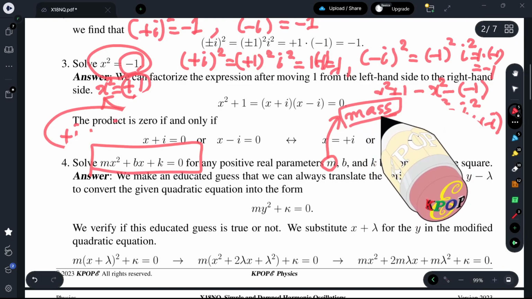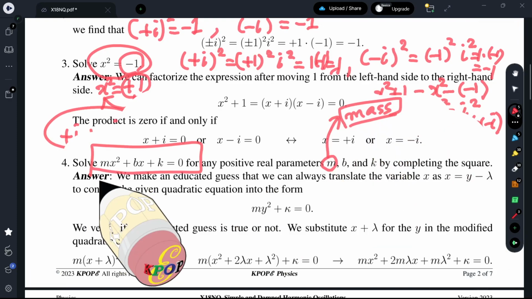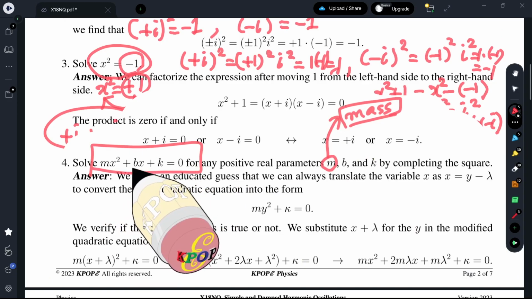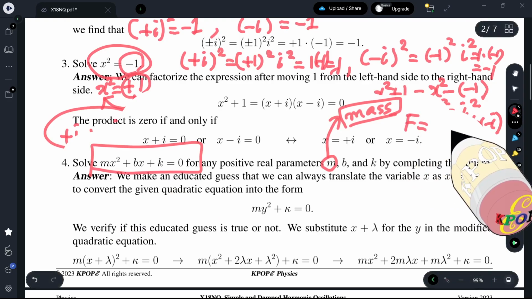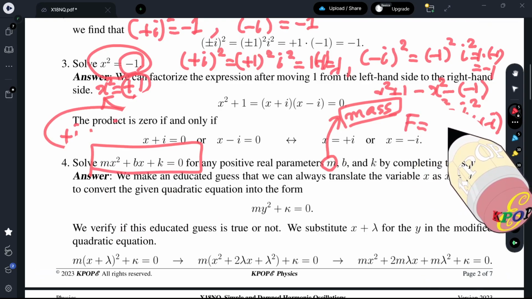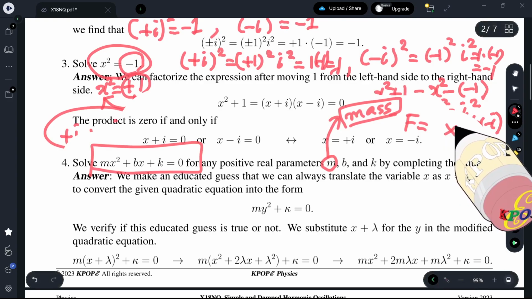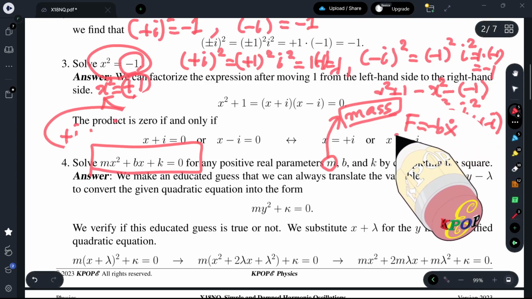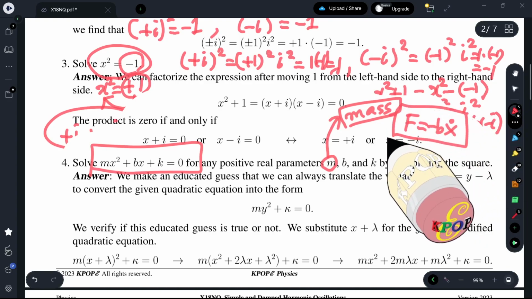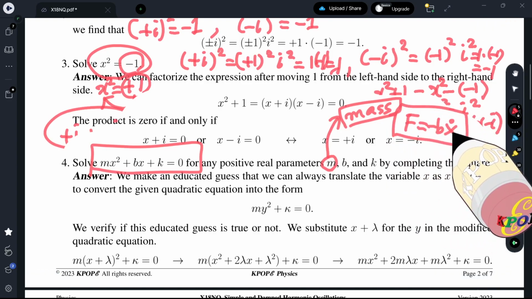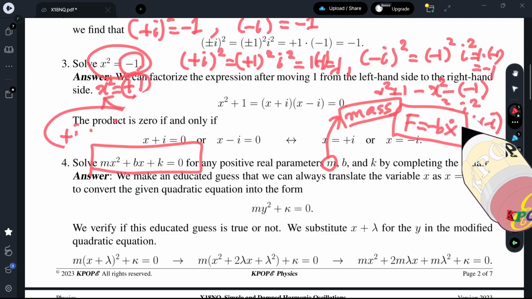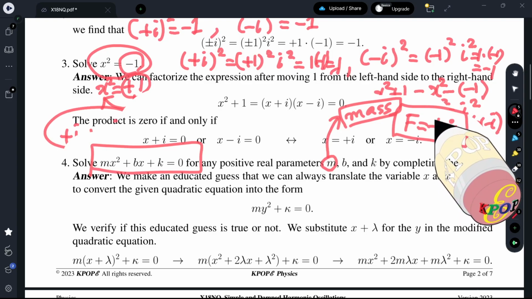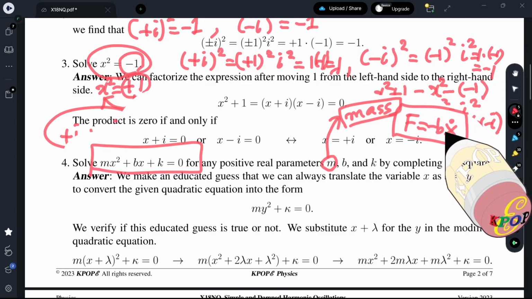But at the moment, let us restrict ourselves to just pure numbers. b comes from the fact that a force applied to a moving particle includes a damping force that is opposite to the velocity of that particle. The opposite means a minus x dot, and b is a positive number.